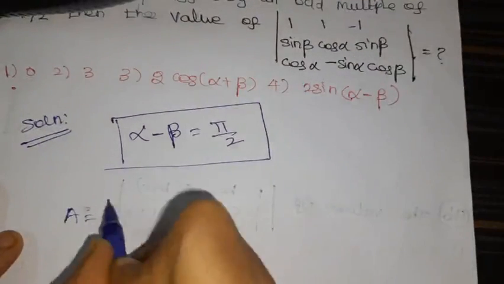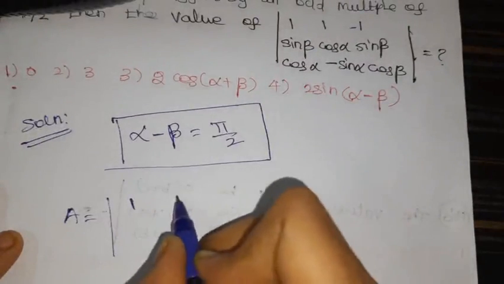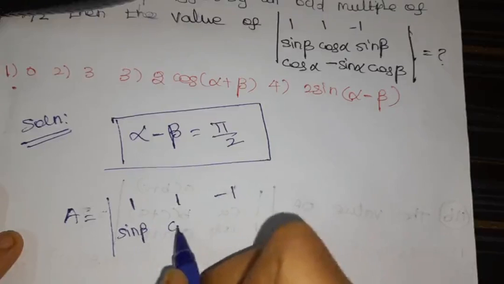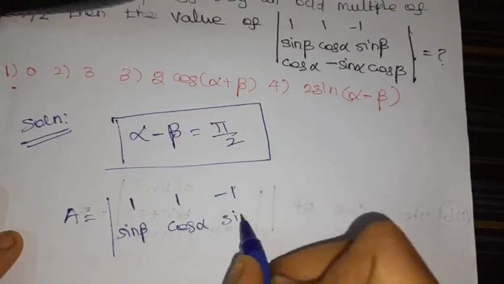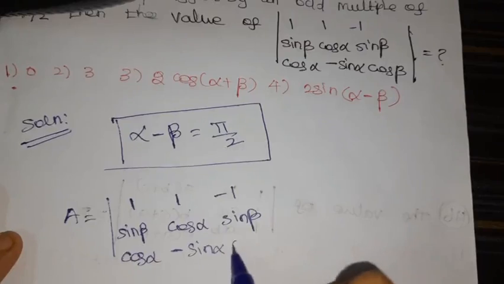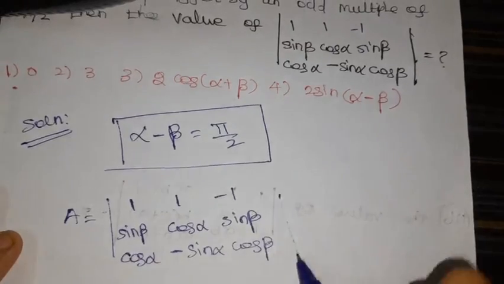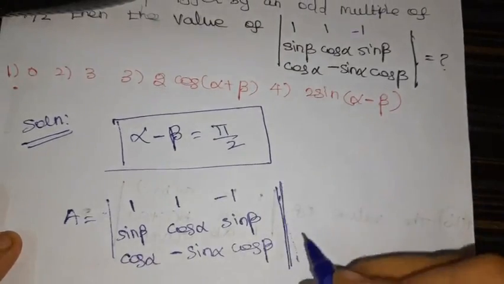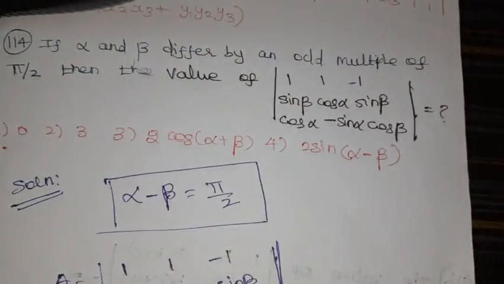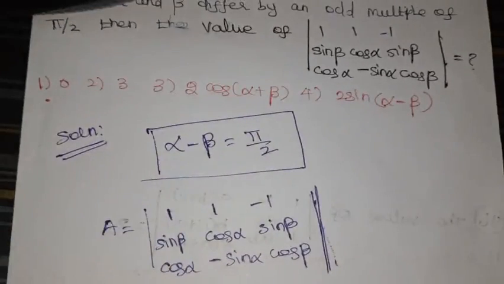So let's see, this is a matrix A, sin beta cos alpha. I am just copying the given matrix from the problem. Cos alpha, minus sin alpha cos beta. For that, what should we remember? If alpha and beta differ by an odd multiple of pi by 2, which means that alpha minus beta is equal to pi by 2.